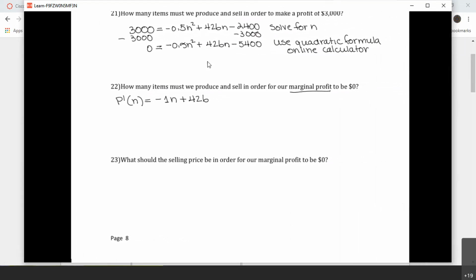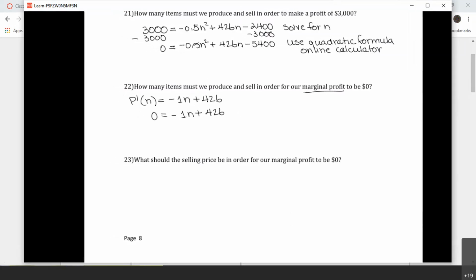I just differentiated P of n. 2 times negative 0.5 is negative 1, and 426 is the constant part. I want this to be 0. I'm going to add n to both sides, and I get n equals 426.